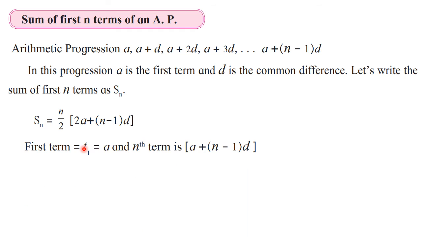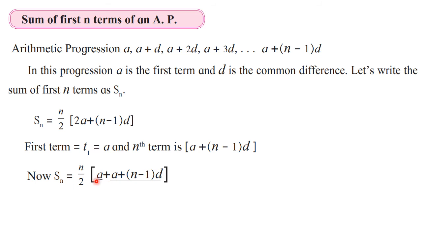Okay. So how to write down that formula? For that purpose, what we will do, we will write A as T1, and we know the formula for Tn, that means nth term. Tn is what? A plus n minus 1 outside the bracket D. Now let us split this 2a as A plus A. Okay, this 2a is split as A plus A. Okay.